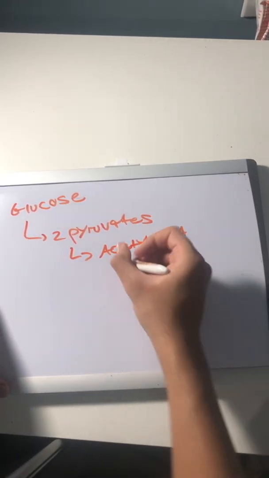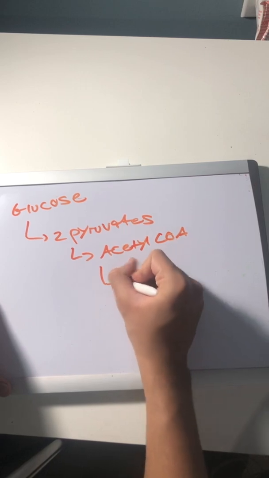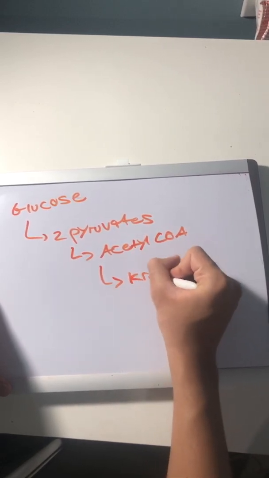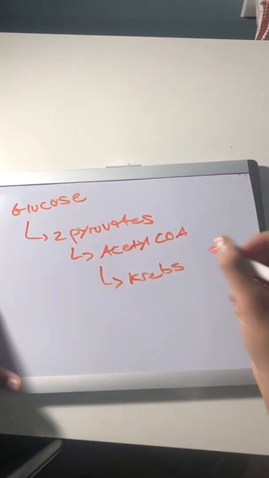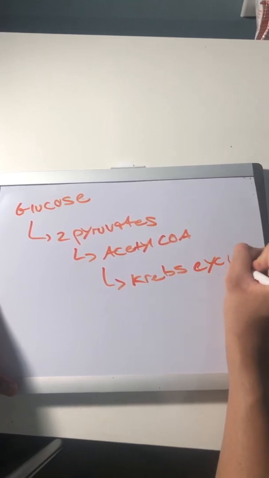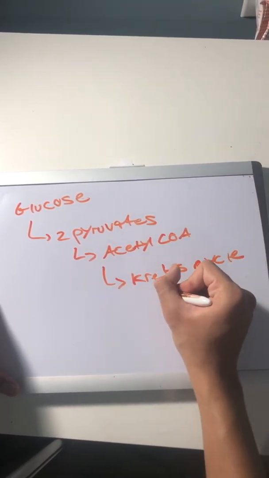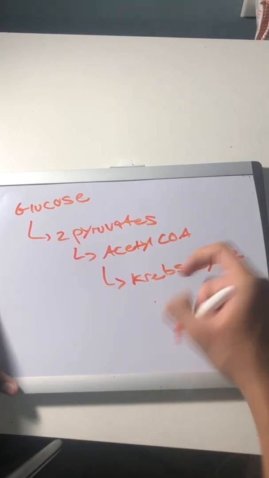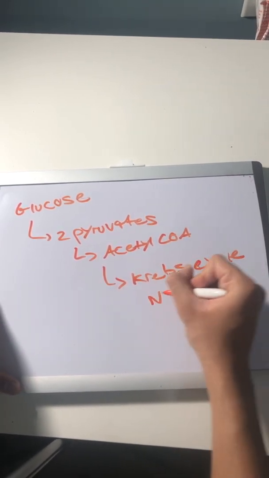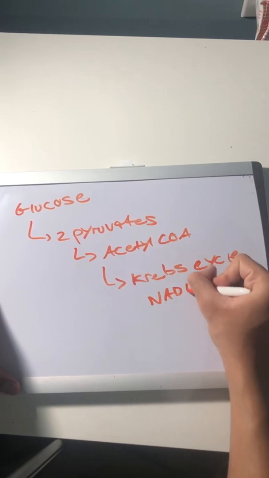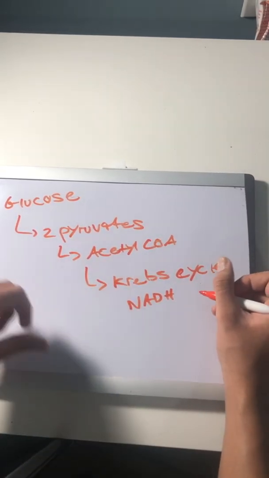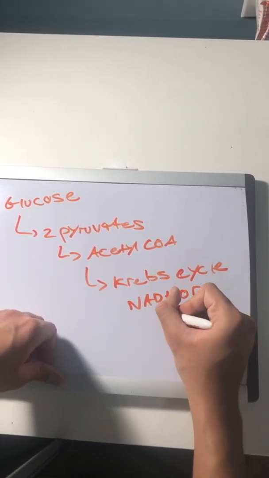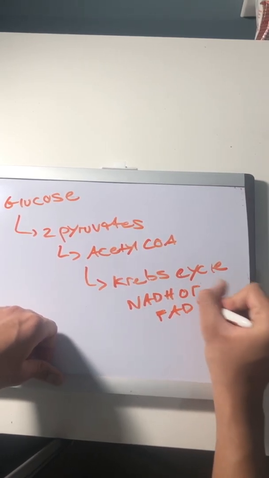That acetyl-CoA will then go within the Krebs cycle or TCA cycle in order to make electron carriers such as NADH or FADH.